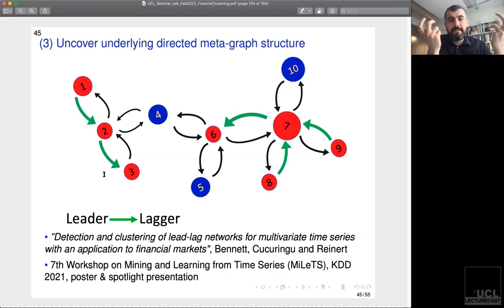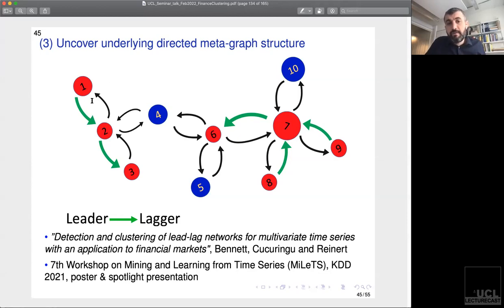Whenever this happens, it could mean that if you found the relationship between cluster 1 and cluster 2, and 90% of the edges flow from 1 to 2, so stocks in 1 lead stocks in 2, and only 10% the other way around, then perhaps this structure is something that you can leverage for some sort of a prediction task.